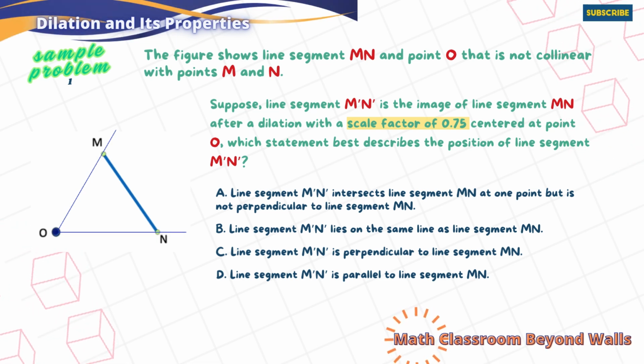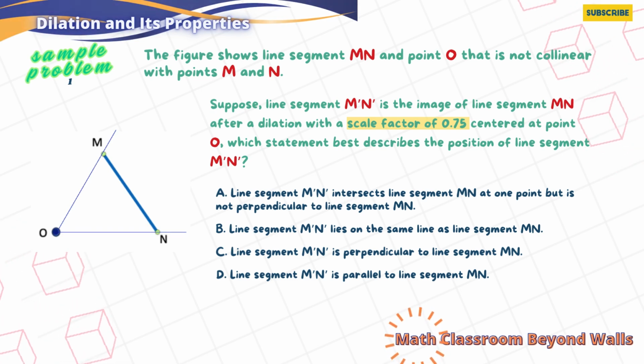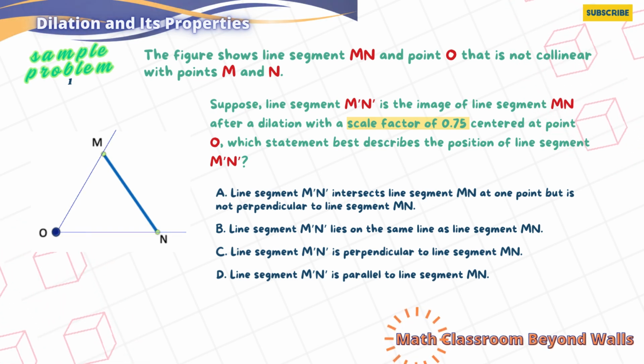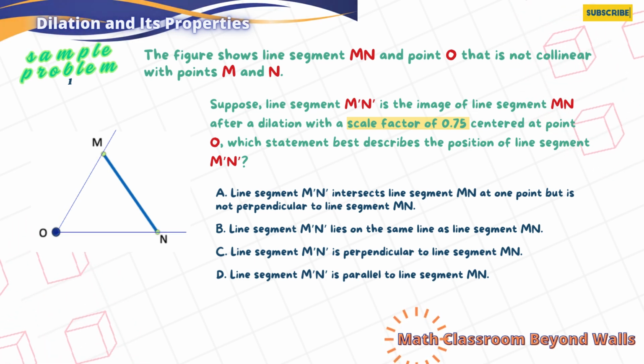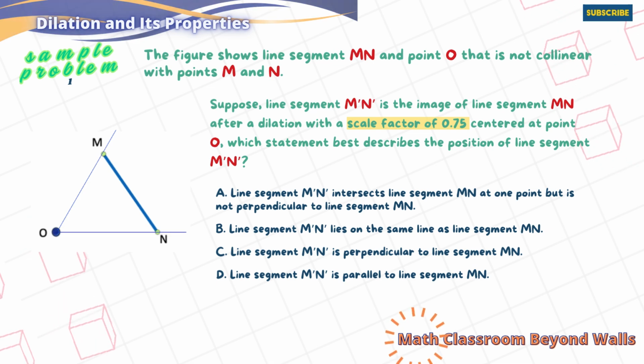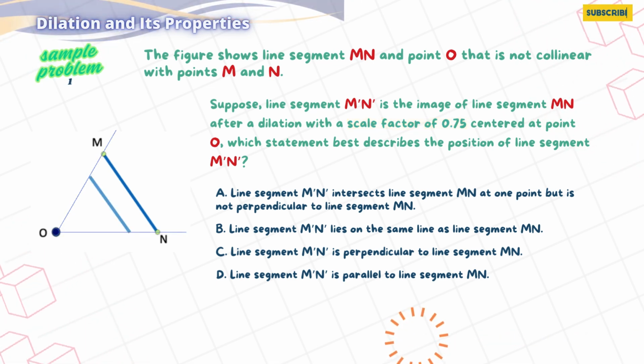In other words, the image is shorter. Now, we will position the length that is approximately 3/4 the length of the pre-image between the center of dilation and the pre-image. Remember that corresponding points, we will use the endpoints here, must be on the same line coming from the center of dilation.